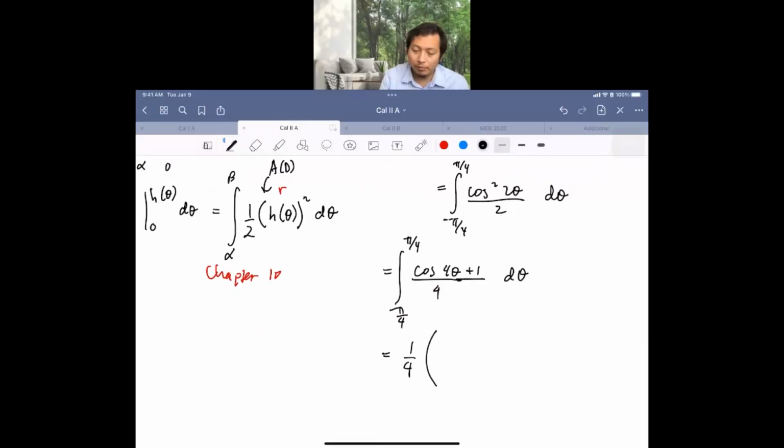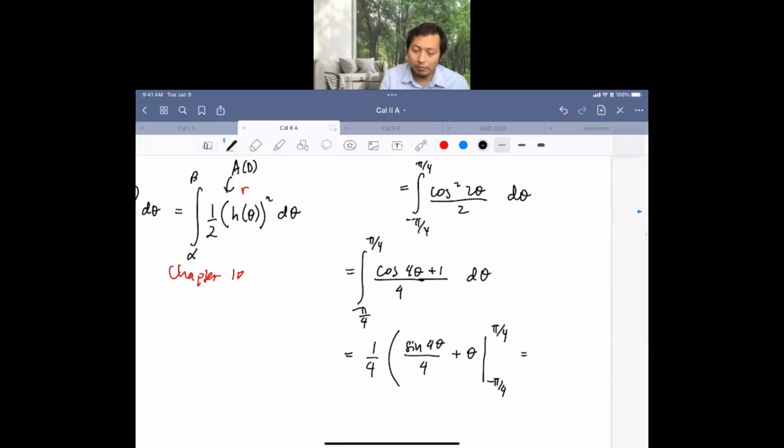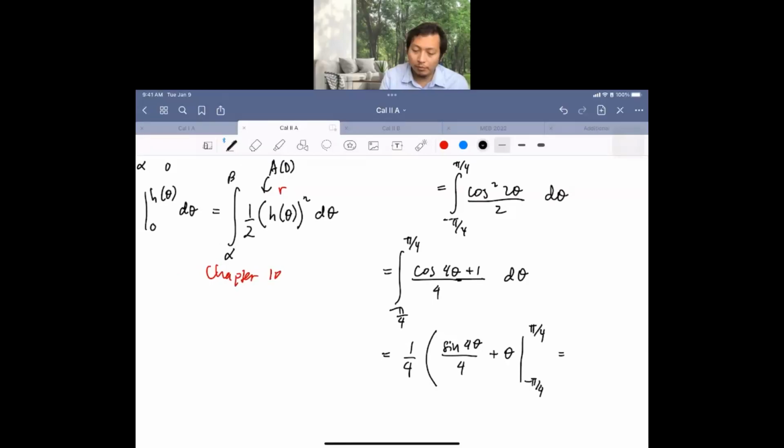Cosine becomes sine, so we have sine 4 theta over 4 plus theta, and then input negative pi over 4 and pi over 4. If you type it in a calculator, you can directly get this as pi over 8.